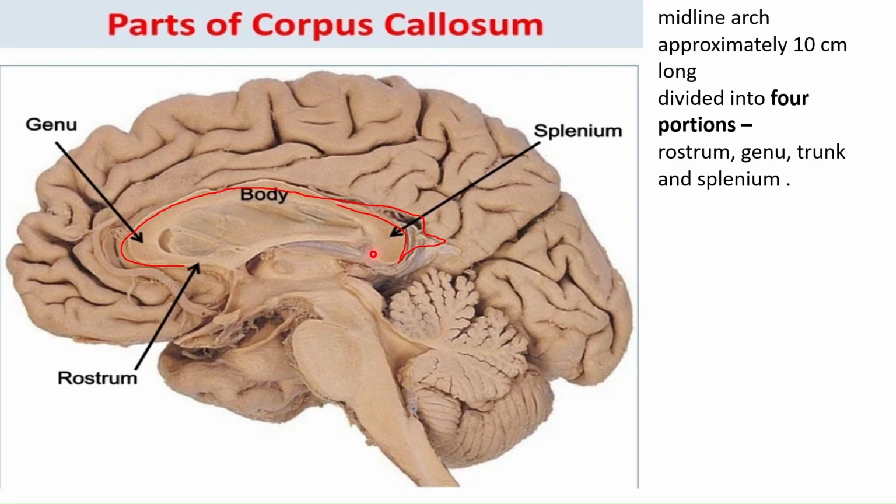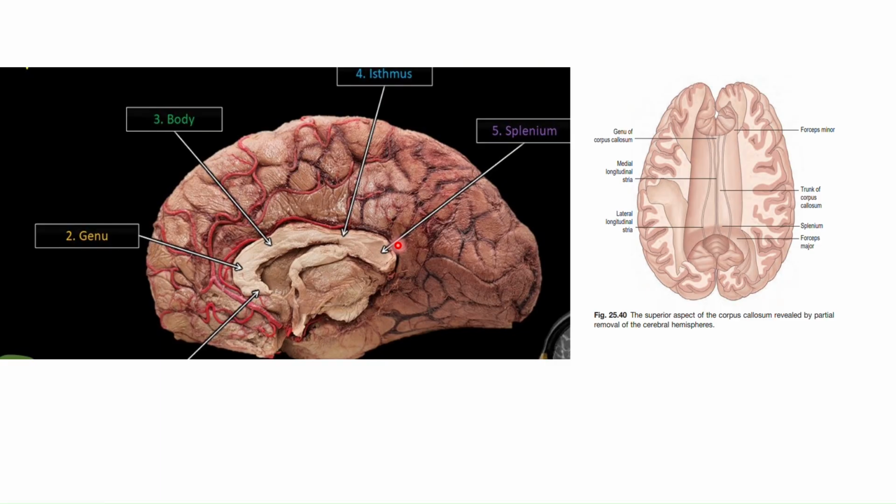This is the most important part: the rostrum, genu, body, and splenium are the parts of the corpus callosum.